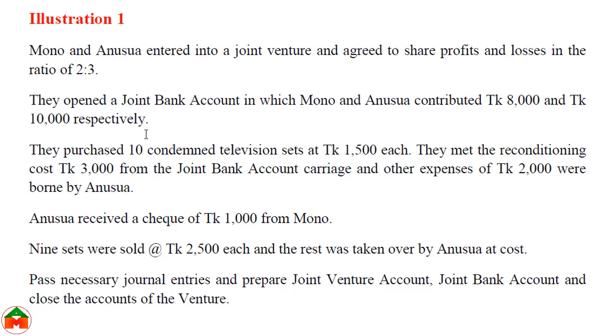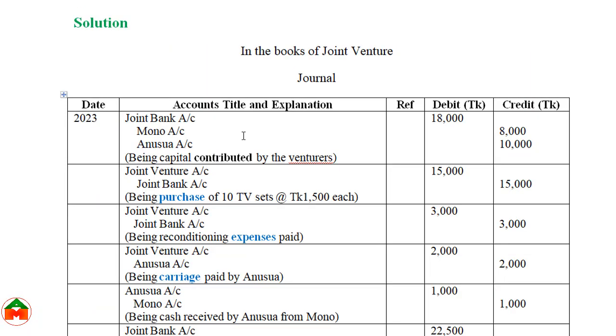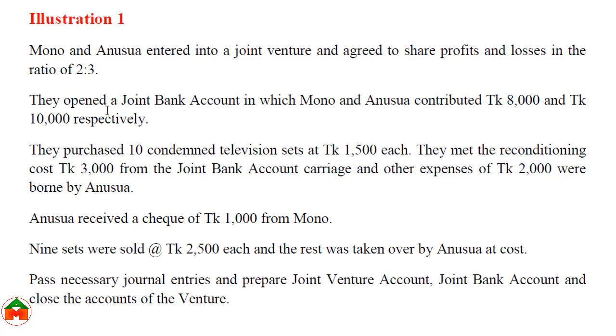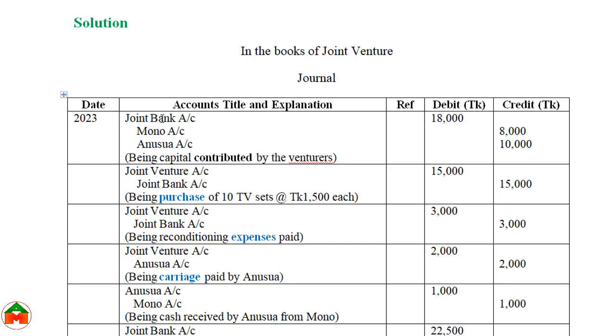From this illustration, now we will show the journal entries. So this is the journal book for the joint venture. Whenever the joint venturers, Mono and Anusha, contributed Taka 8,000 and 10,000, the journal is bank account debit, because due to contribution the bank account will be increased.